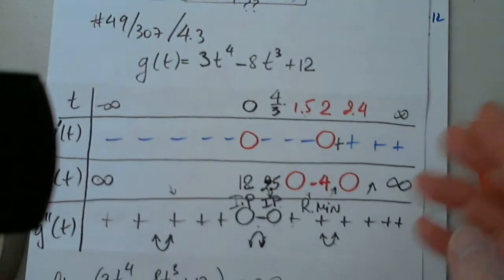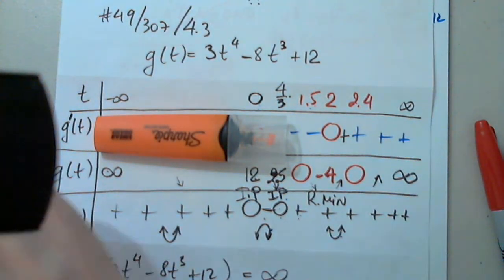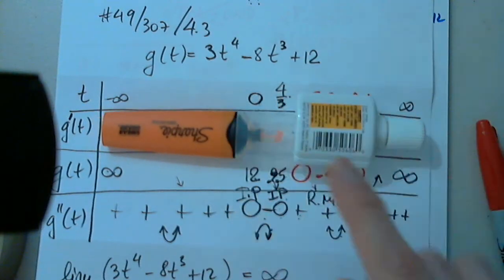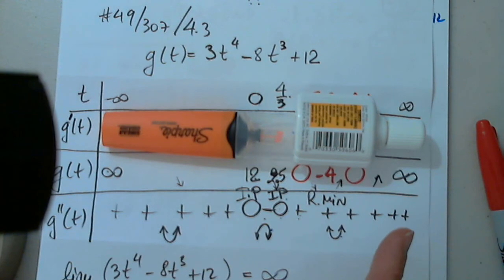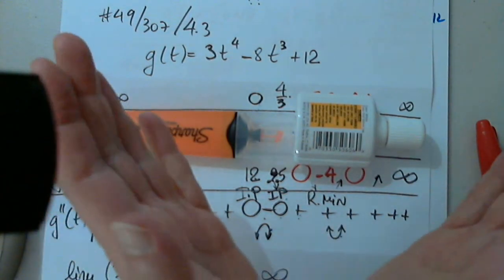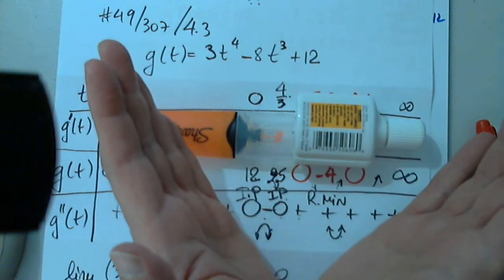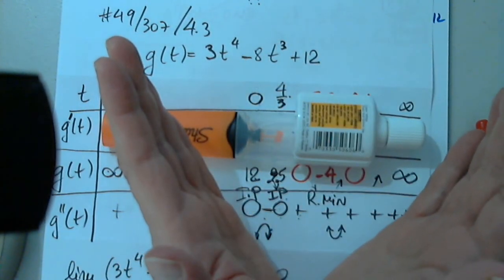I use it to check. I will never skip studying the sign of the first derivative. Once you know that this is a relative minimum, then the first derivative has to be negative and then positive.